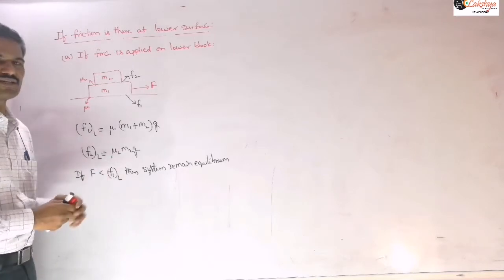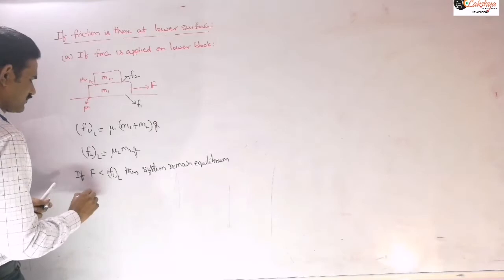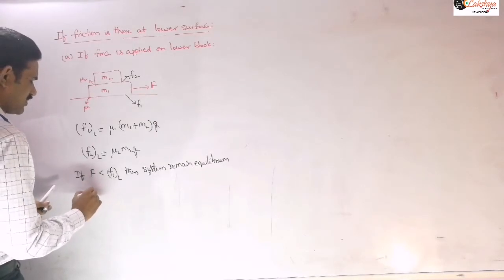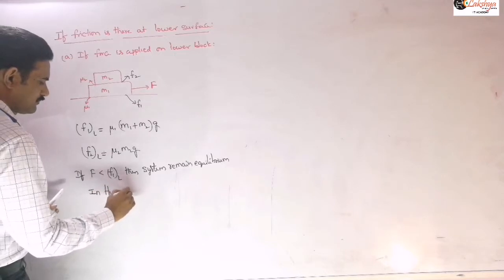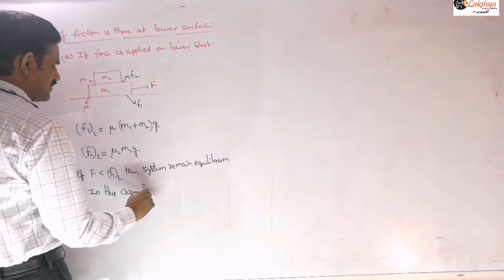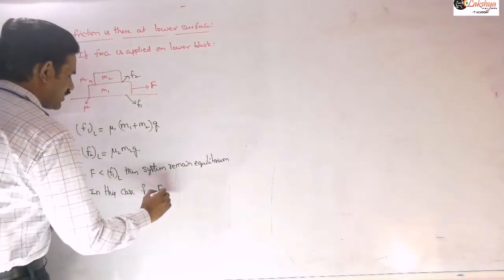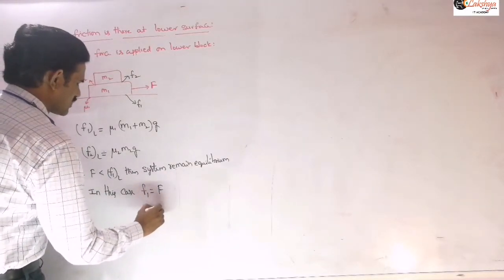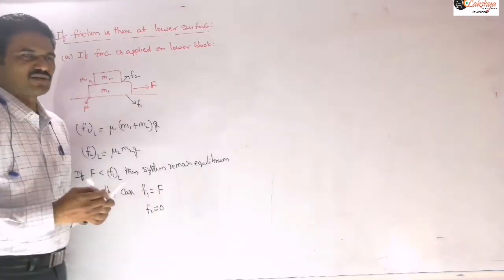So in this case F1 is equal to F, the applied force, and F2 is equal to 0. So that is the possibility of this frictional force here.